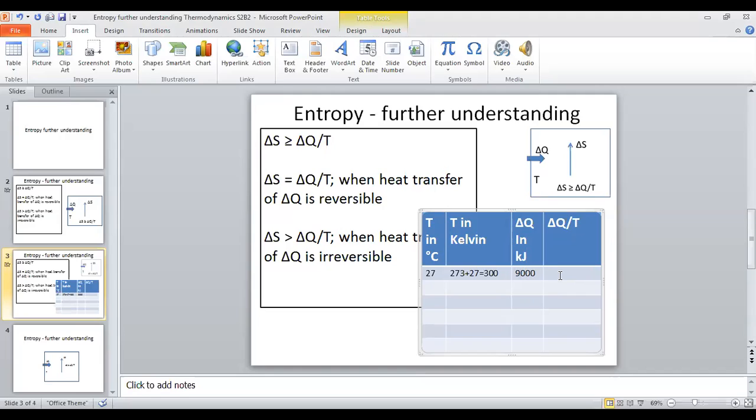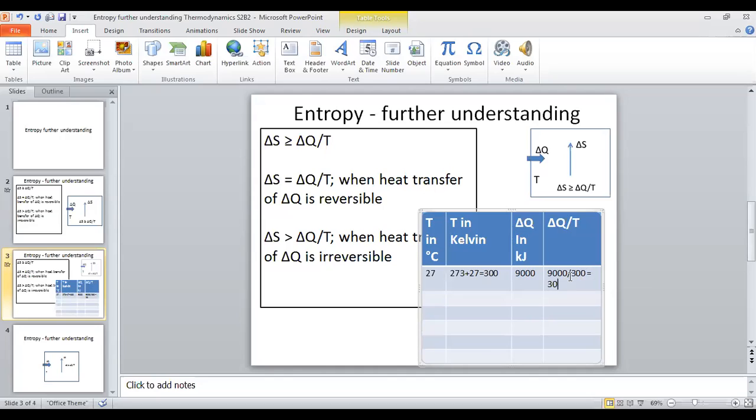So delta Q by T means 9,000 by 300. The unit is kilojoule per Kelvin. So this is the unit.